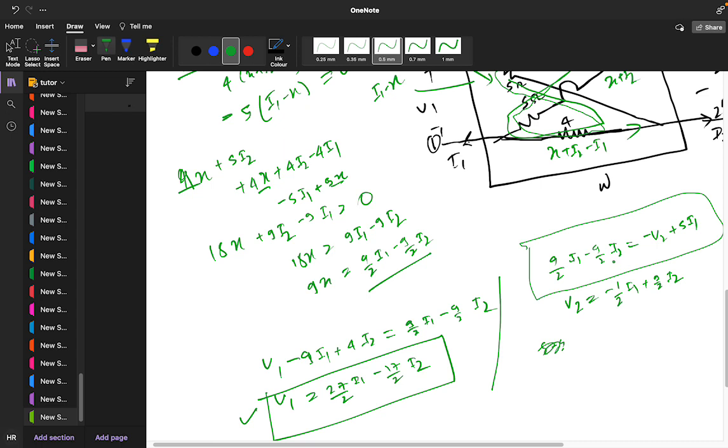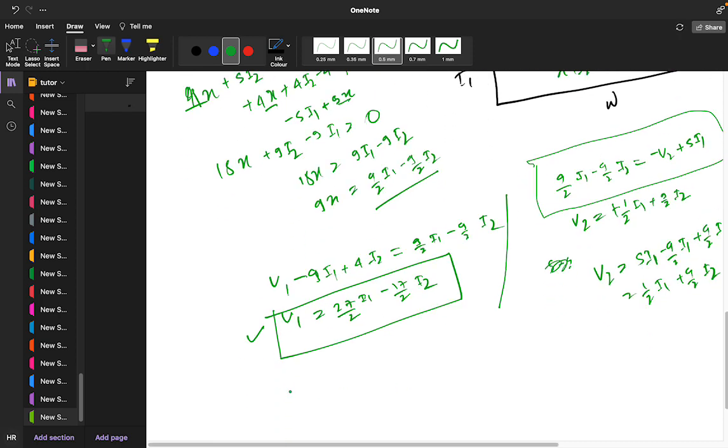Let me do it for you. V2 we are taking this side, 5 I1 we are taking this side, minus 9 by 2 I1 we are taking this side, and plus 9 by 2 I2 we are taking this side. So it will come in plus. So it will be 1 by 2 I1 plus 9 by 2 I2. So what did we get as the result?